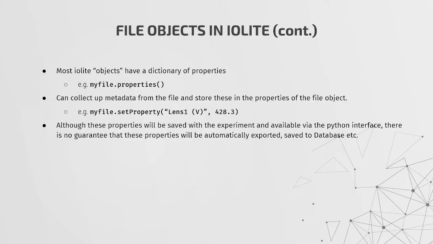They're not necessarily going to be carried across to those, because there's no defined set of properties here. So just so you know, you can use these in your Python modules, but that doesn't mean Iolite necessarily will use them.